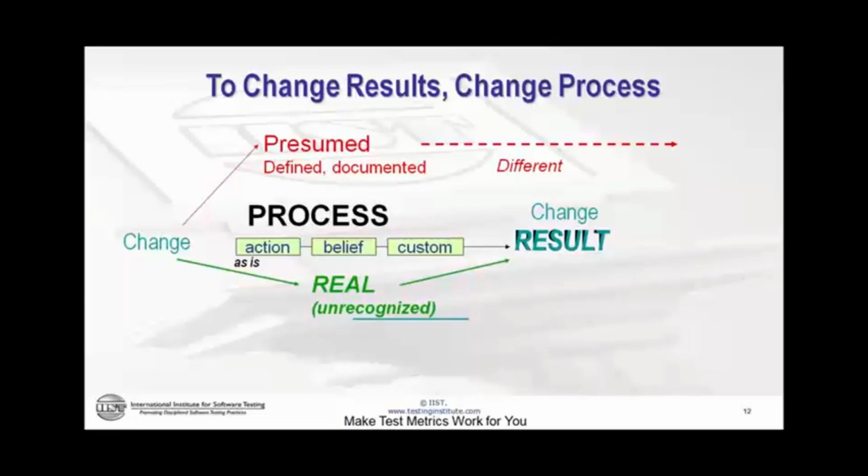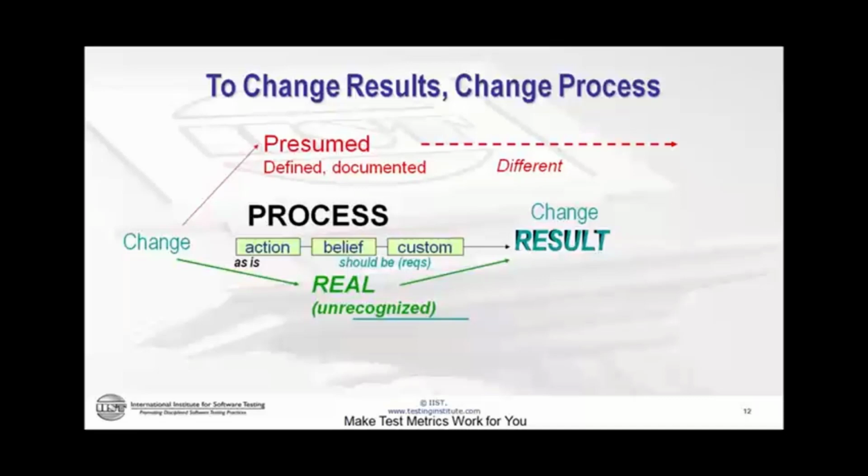So in the world of processes, there are a couple of terms that are commonly used. One of them is the as is or current state process. The as is or current state process is the real process that's producing our current results.